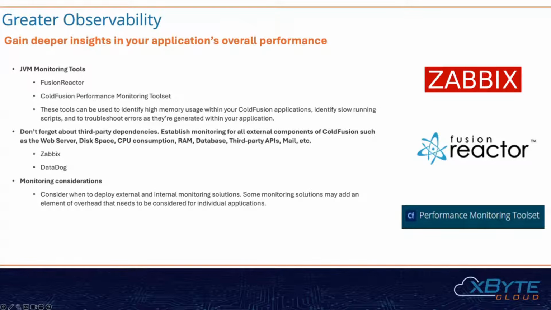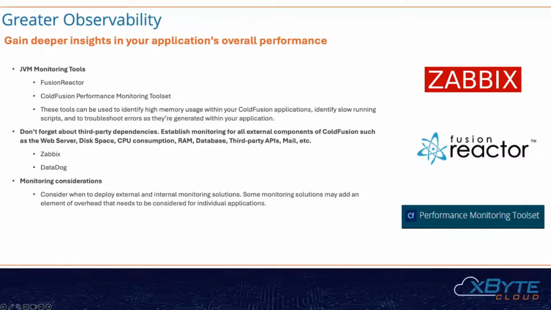Just for some monitoring considerations, this is really for applications that are getting a lot more traffic. Consider when to deploy external and internal monitoring solutions. What I mean by that is some monitoring solutions may add an element of overhead that needs to be considered for individual applications.